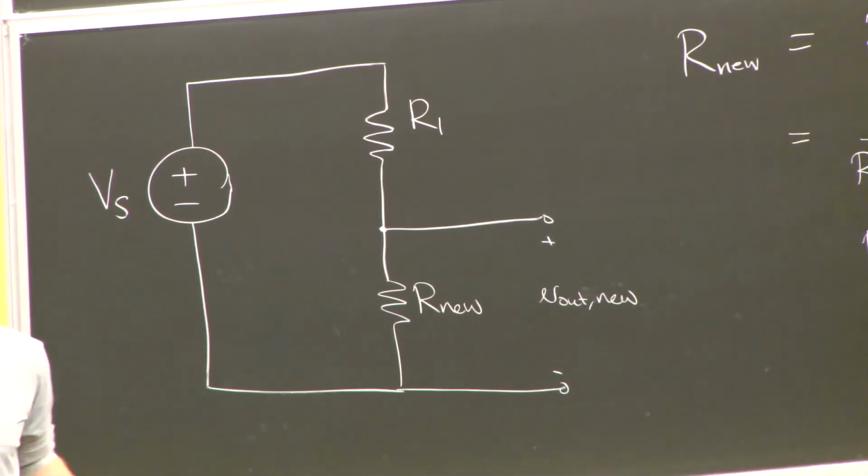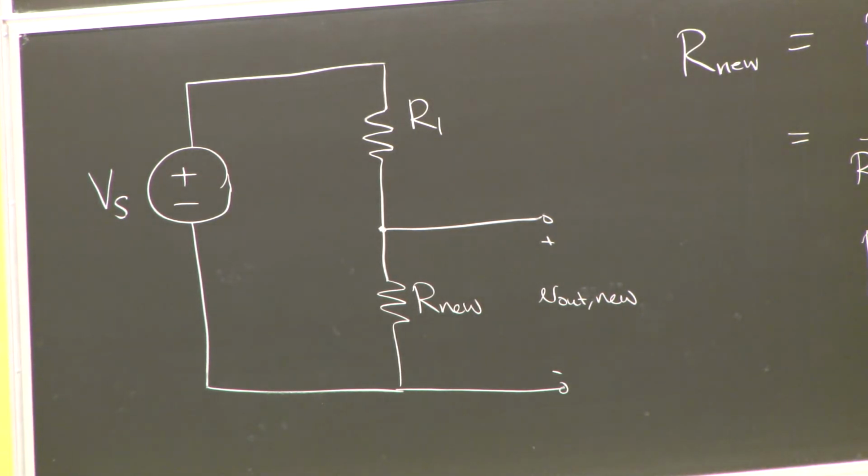That means that when I put my speaker, the thing that's actually creating the sound, in this case, by loading my circuit, I've changed the voltage now, and I've further lowered it. Maybe more than I wanted to, right? So let's give some numbers here.